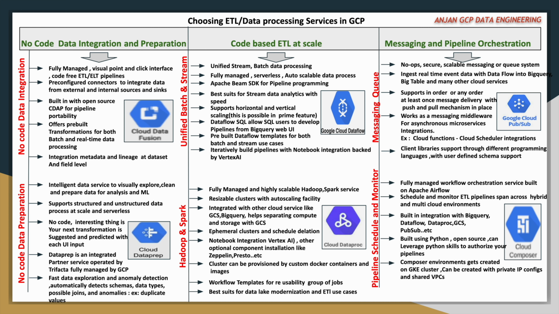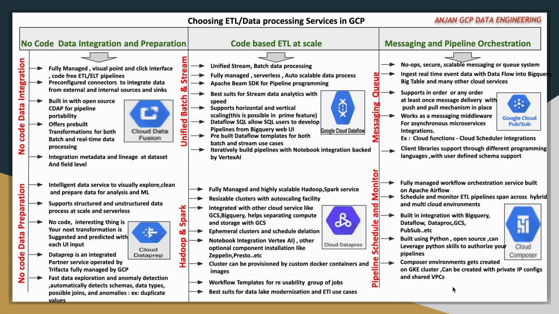Usually when you create a Cloud Composer environment, it gets created on a Google Kubernetes Engine cluster, and there is also an option to create your cluster using private IPs and also shared VPCs. Okay, these are the different options you have when you create your Cloud Composer environment. Okay, I hope I'm clear.